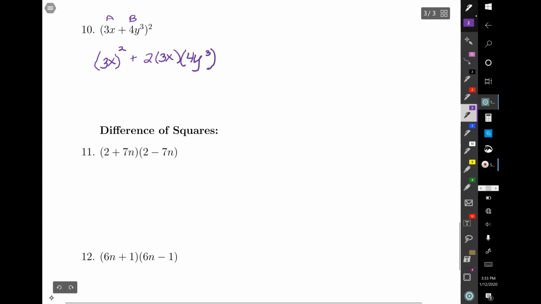Now on the end, it's a positive, so my B that we're looking at is parentheses 4y cubed and parentheses all squared. So you have to make sure whatever that second term is also gets put in parentheses. Now we can simplify, apply our product to power rule. So we have 3 squared is 9, x squared is x squared. Then plus 2 times 3x times 4 times y cubed would give us 24xy cubed.